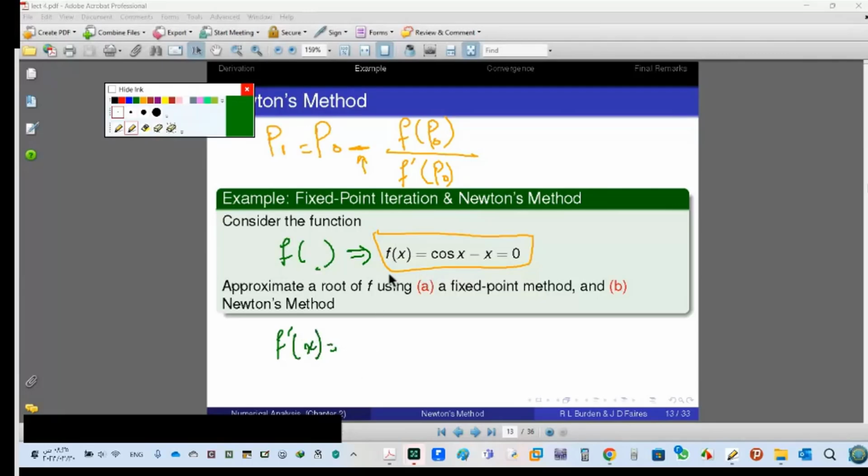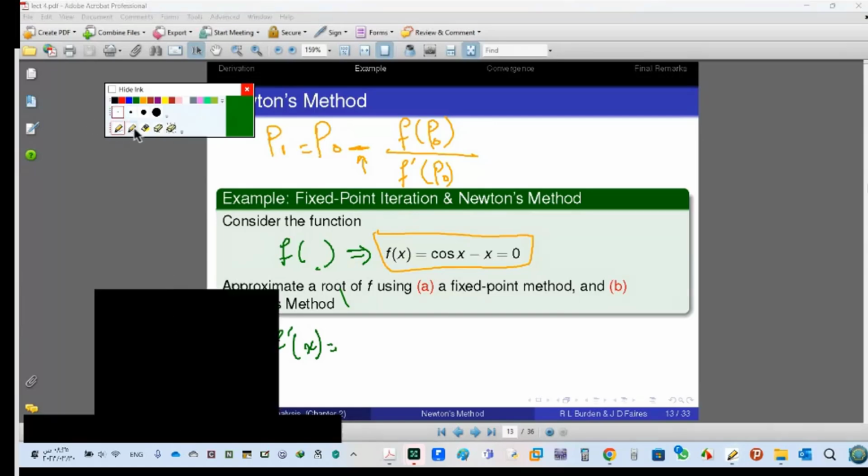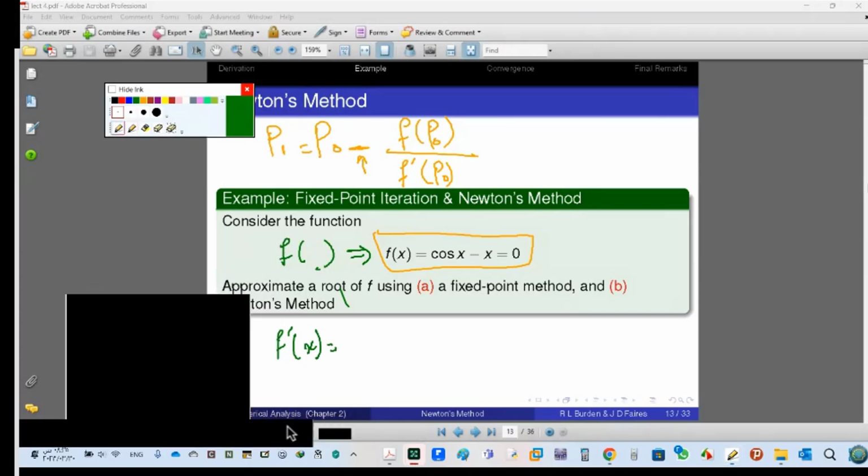Saeed, cosine, what's the derivative of cosine? I need f prime for cosine.